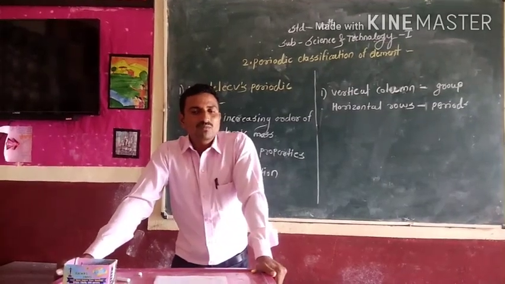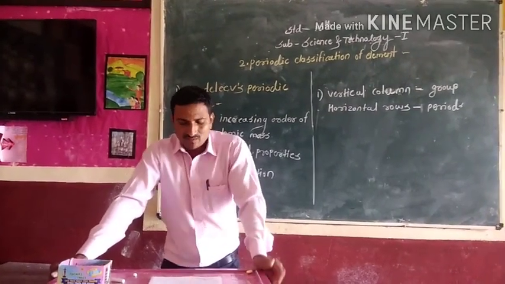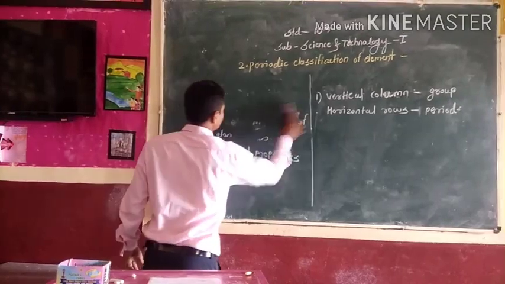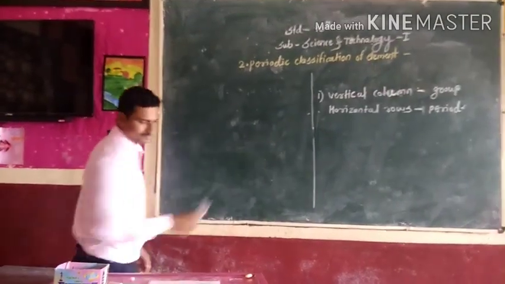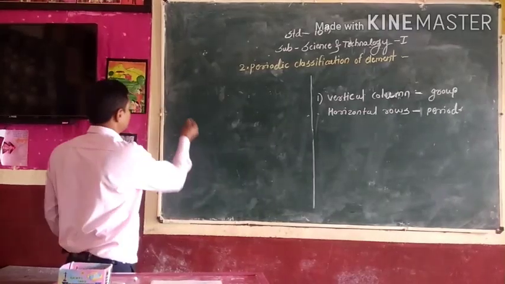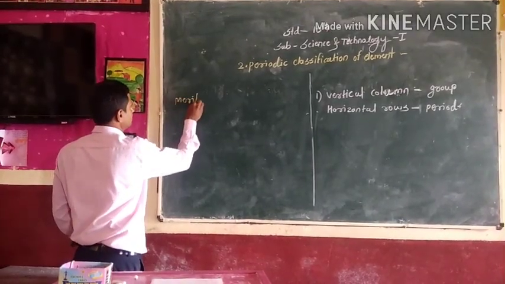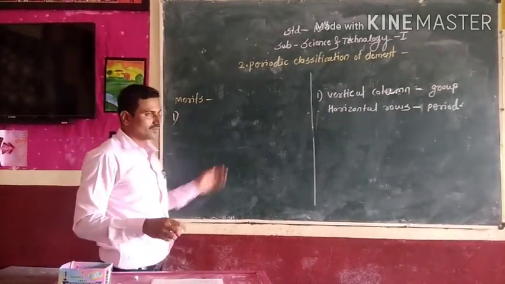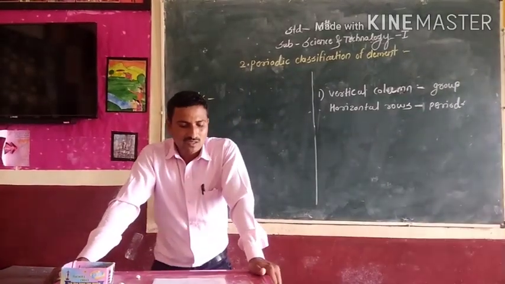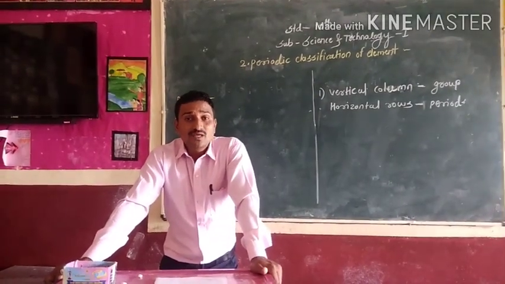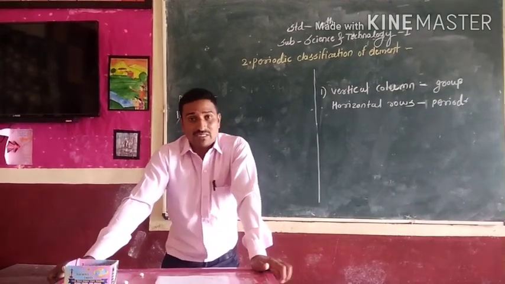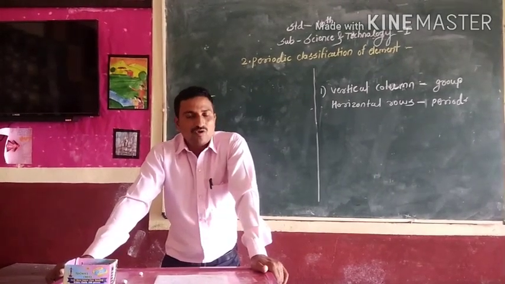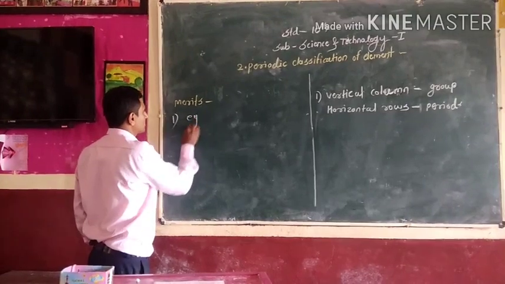Now we are discussing the merits of the Mendeleev periodic table. The first merit is that some elements changed their previously determined atomic mass. For example, beryllium.